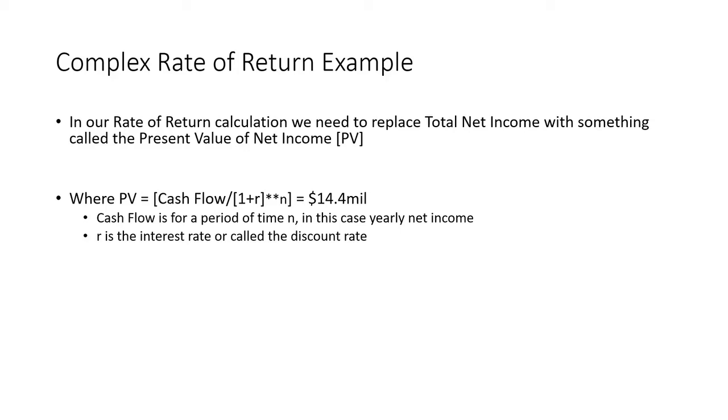And the challenge here is to set the price such that the present value of all the cash flows for the 5 years will come up to that $14.4 million we need to pay back the investment and generate the return.